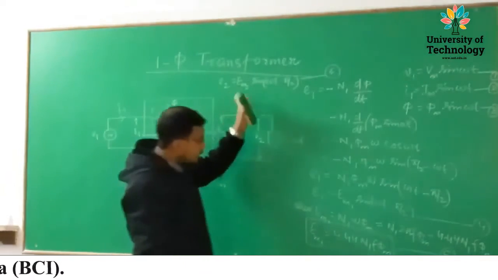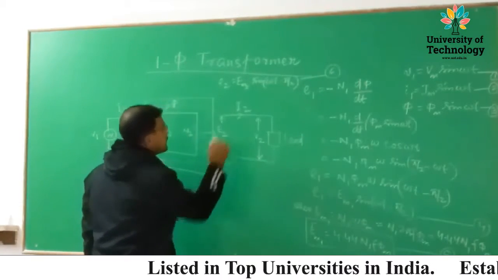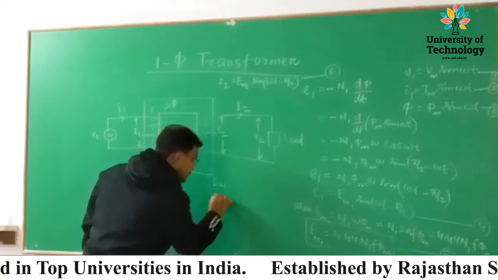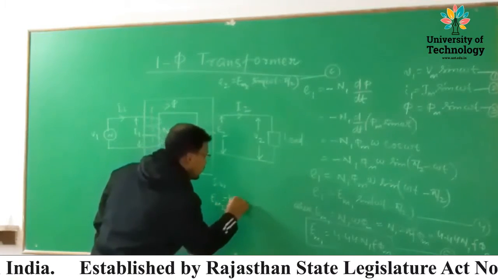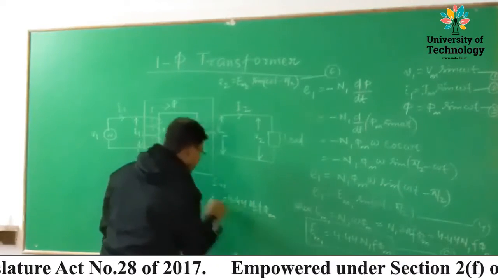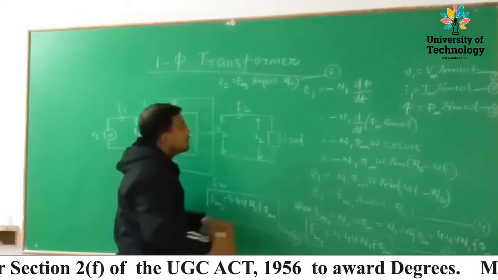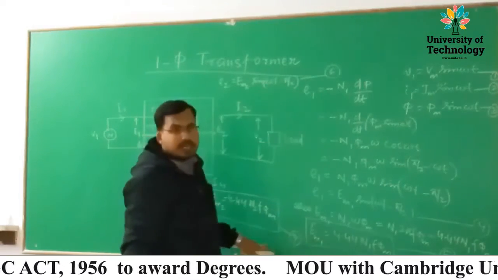Now from equation 6 we will get Em2 is equal to 4.44 N2 f phi m. This is equation number 7, which is produced from equation number 6.